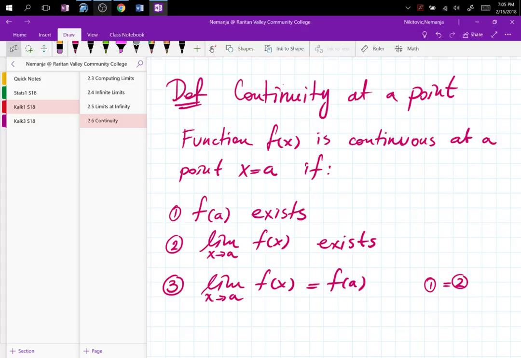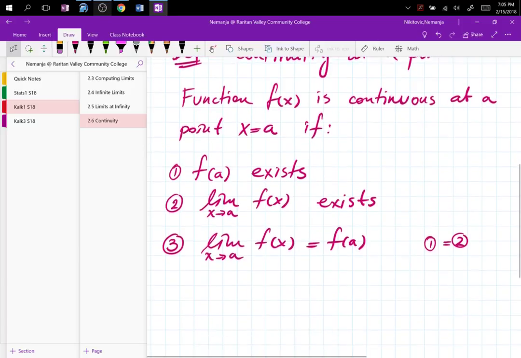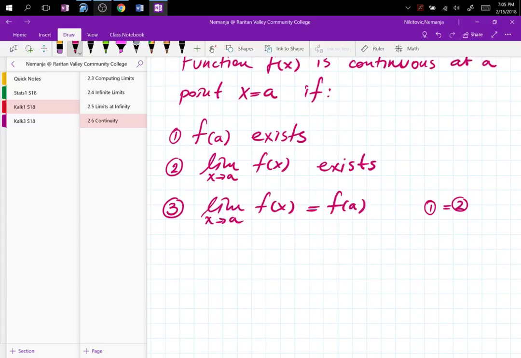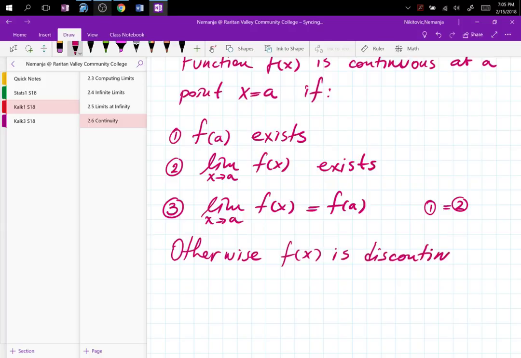So function f of x is continuous at a point x equals a if these three conditions hold. You must learn these. Otherwise, meaning if any of these fails, f of x is discontinuous at x equals a.